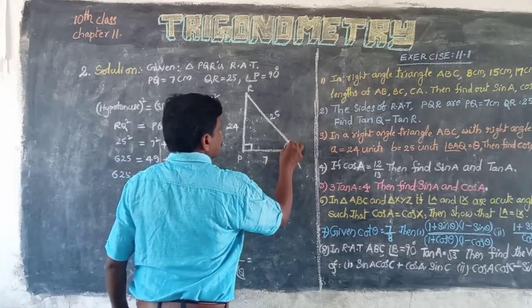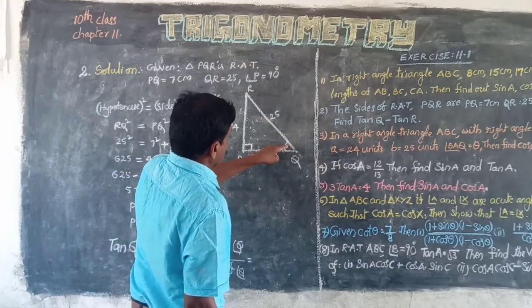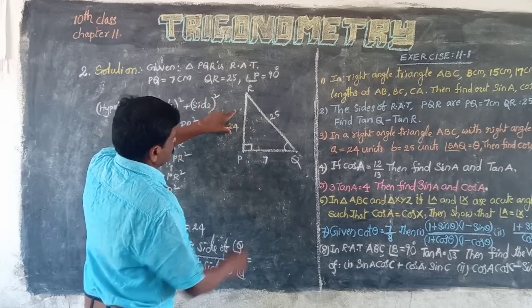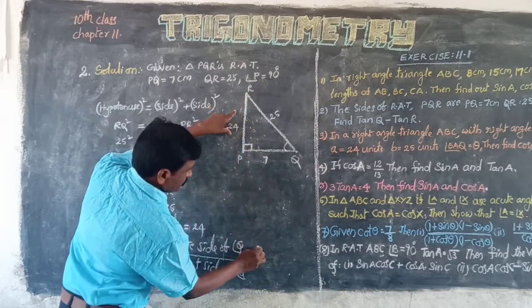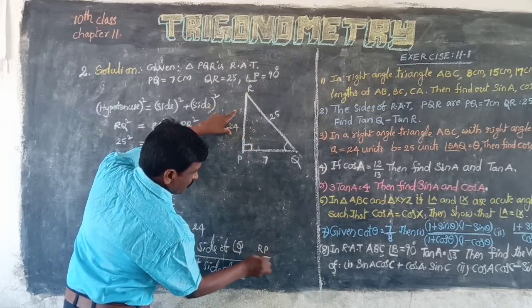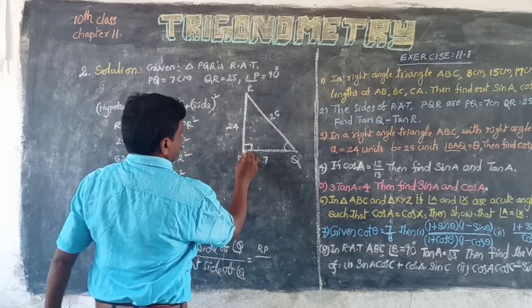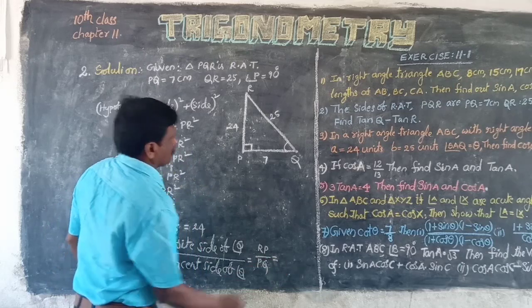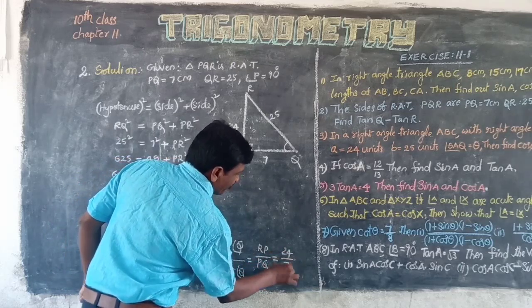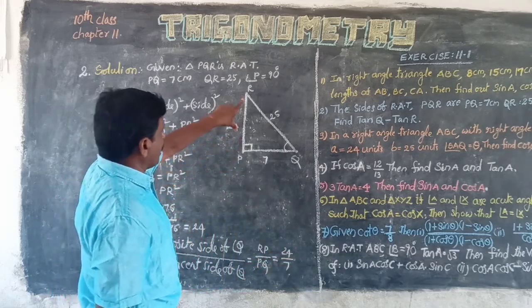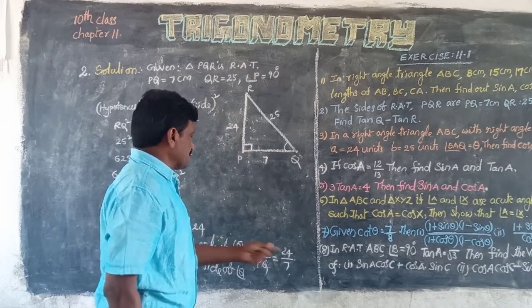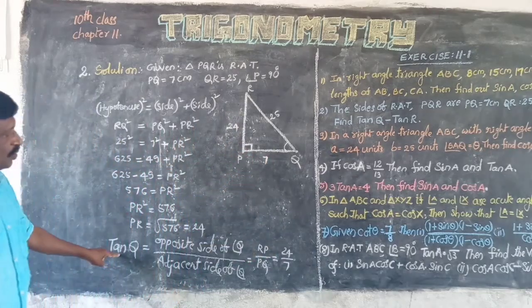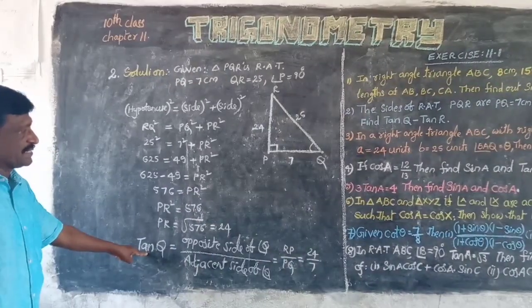This is angle Q. So for angle Q, the opposite side RP by adjacent side PQ. RP is 24, PQ is 7. So tan Q is equal to 24 by 7.